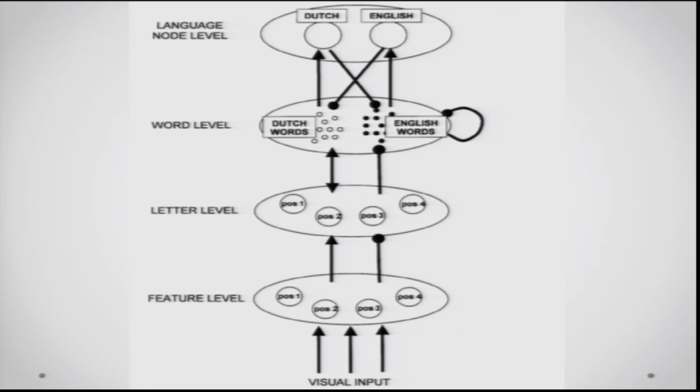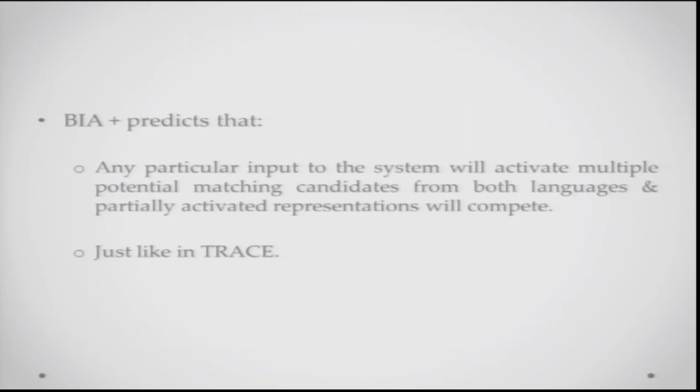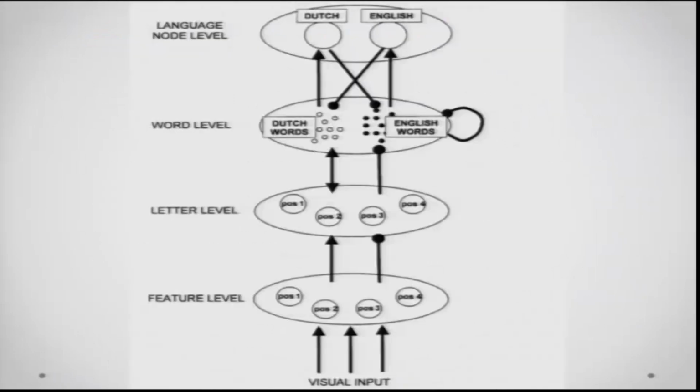So, the idea is this is where a lot of control is exercised on which language one has to speak in. The BIA plus model predicts that any particular input to the system will activate multiple potential matching candidates from both the languages, and partially activated representations from both the languages will compete. This competition will basically be resolved by the higher level language structures.